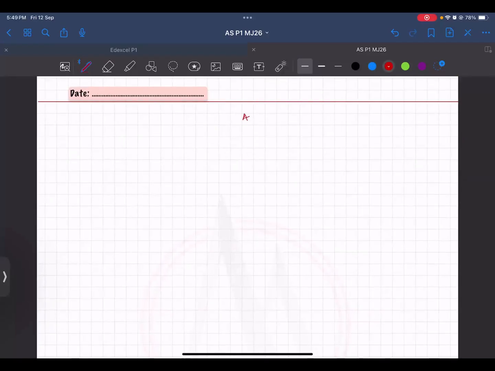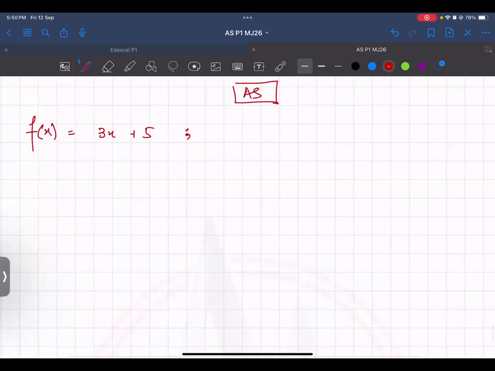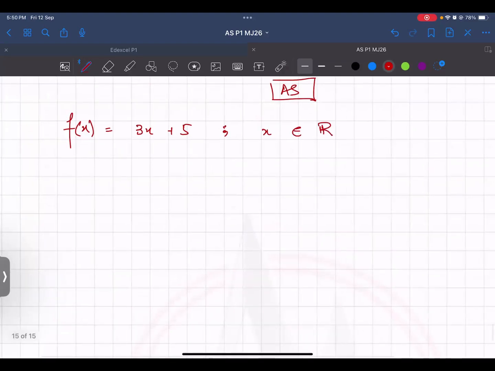first of all, the functions that you used to see in your O level IGCSE, they were an incomplete definition of a function. Because if a function is defined to you, they also define for what values is this function valid. This is the complete definition of a function.